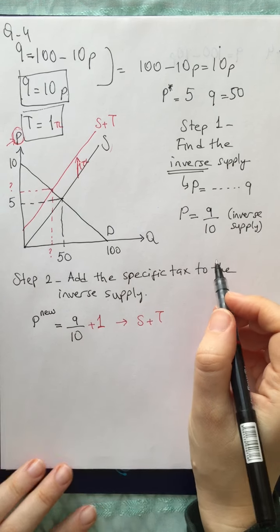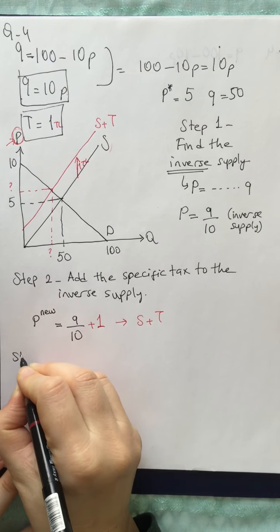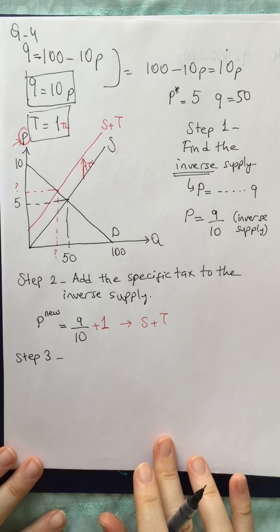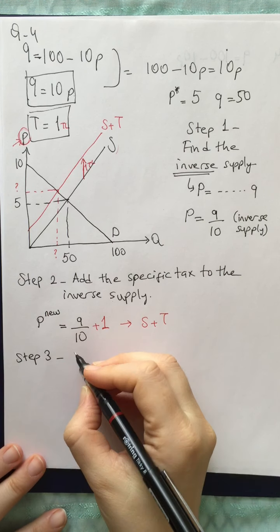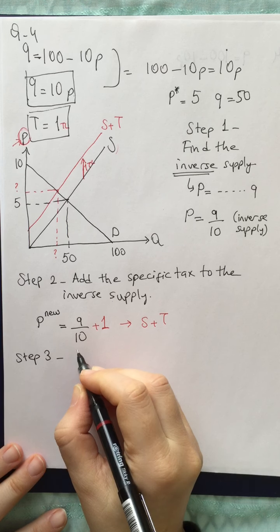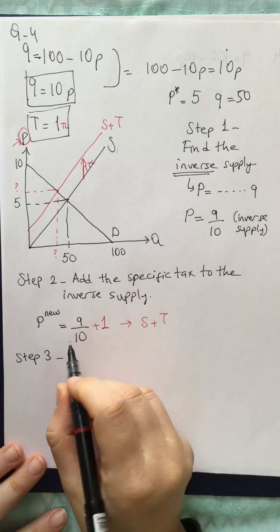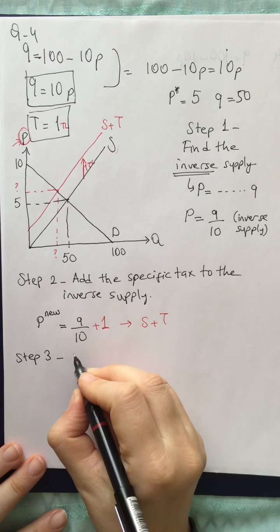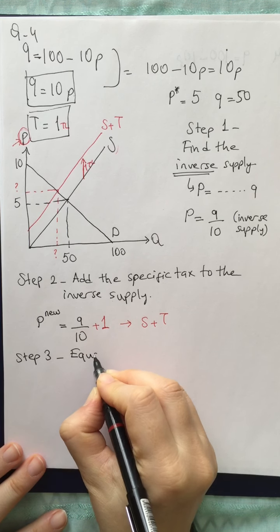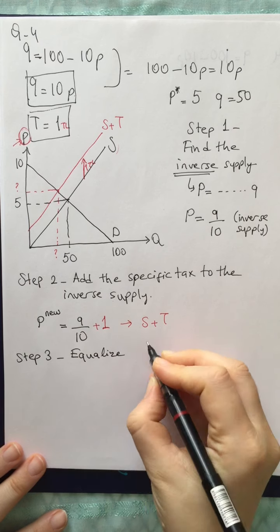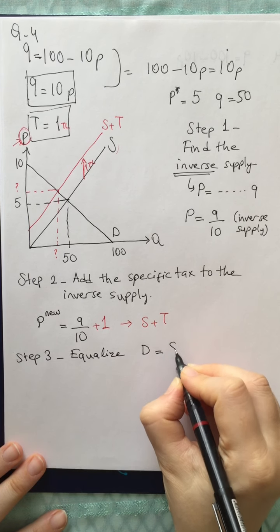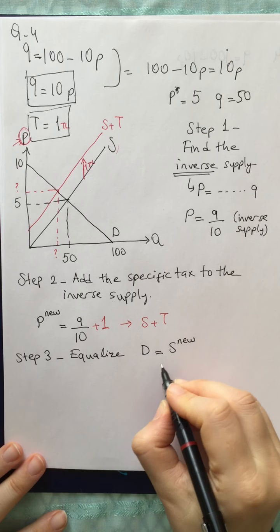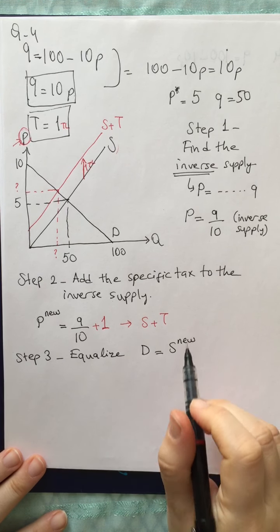This is step 2. And in step 3, what will we do? In step 3, we will equalize the new supply function to the initial demand function. Equalize demand to the new supply function, or S plus T you can also say.